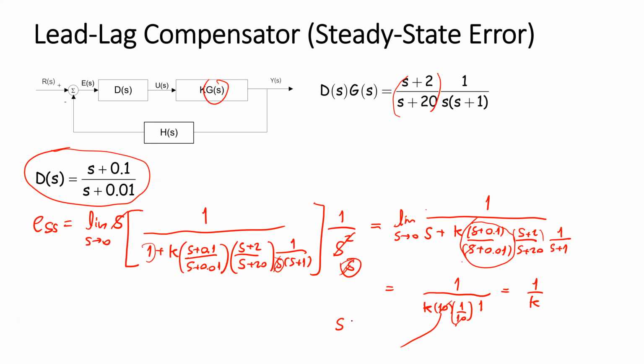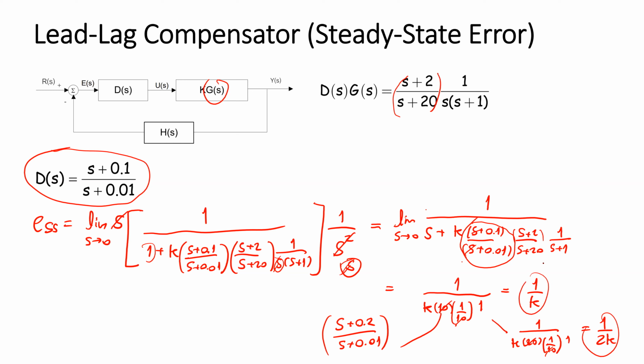If you try S plus 0.2 divided by S plus 0.01, this magnitude is going to be 1 per K, 20 and 1 per 10, equal to 1 per 2K, which is smaller than this. So we can tune the lag zero and pole to get the size of the steady state error for our requirement.